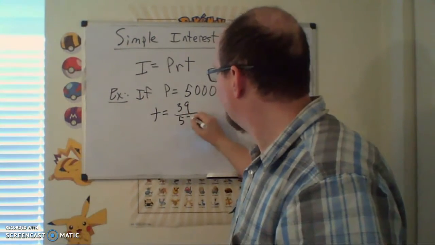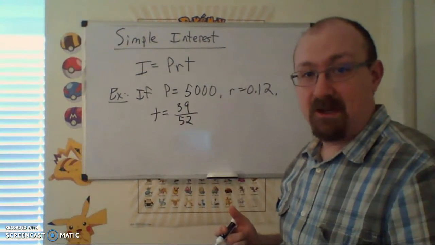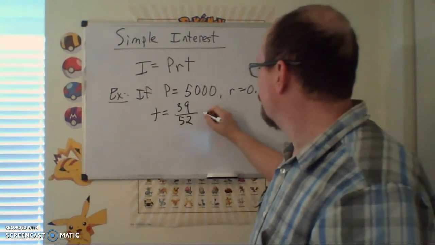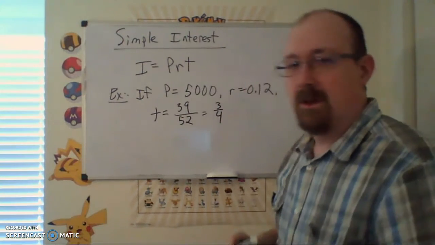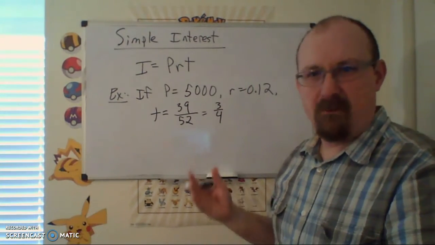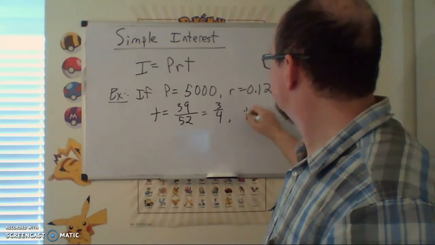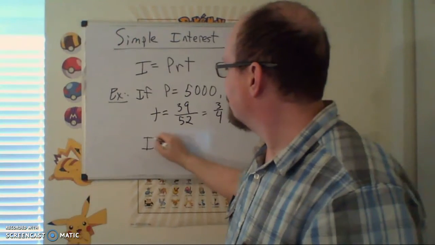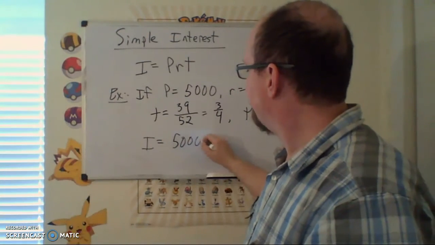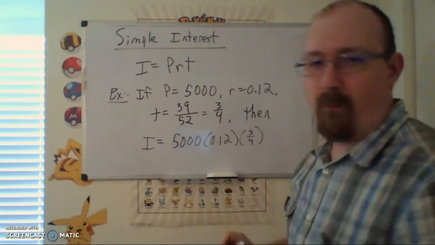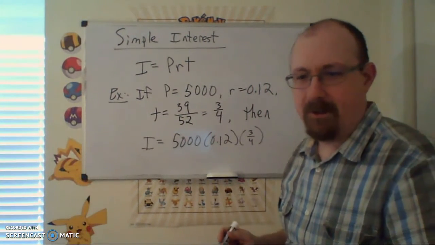So there are 52 weeks in a year. There's a little bit more, but you get the idea. So 39 divided by 52 would give me 3/4. If you wanted to report it as 0.75, it's all good. So our interest in this instance, we've got 5,000 times 0.12 times the 3/4 or 0.75, tomato, tomato.